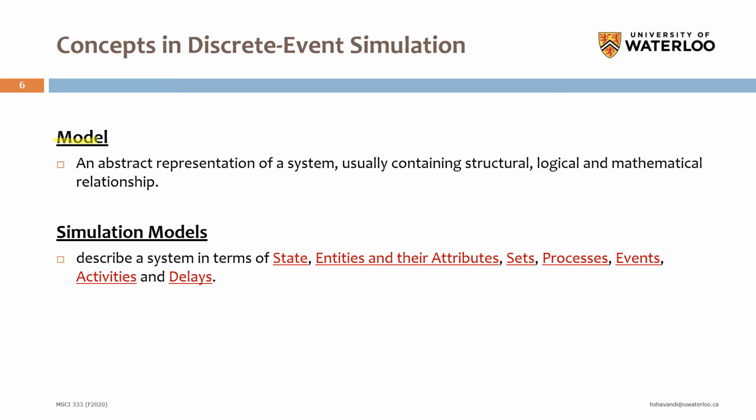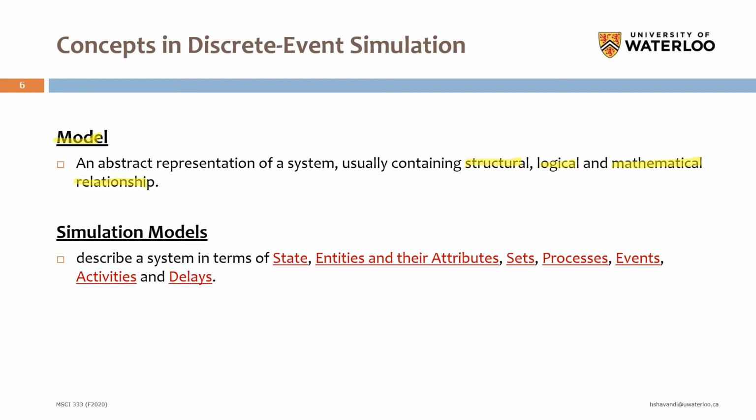As we saw in chapter 1, in order to study and analyze systems, we may need to develop a model. A model can include structural, logical, and mathematical relationships, right? If the system is simple and we can represent the model by just mathematical relationships, that's great, because we can solve that mathematical model analytically and obtain an optimal solution for that system, like linear programming models.